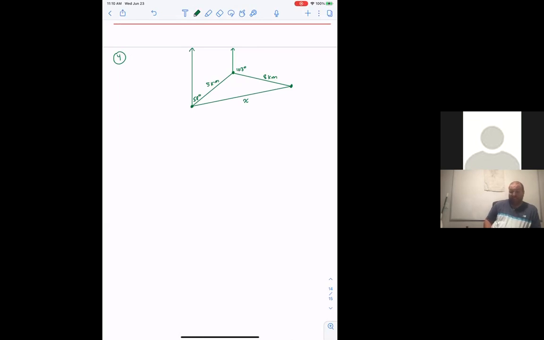If I can find something else, then I can use the law of cosines. I also do not have an angle-side pair. So the question is, how do I use what I'm given to figure out the answer?